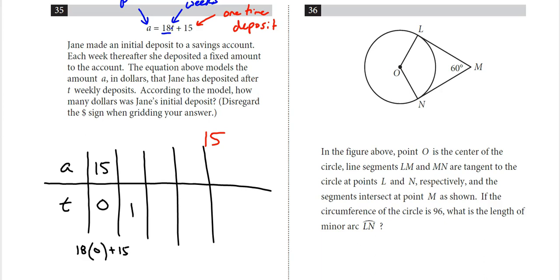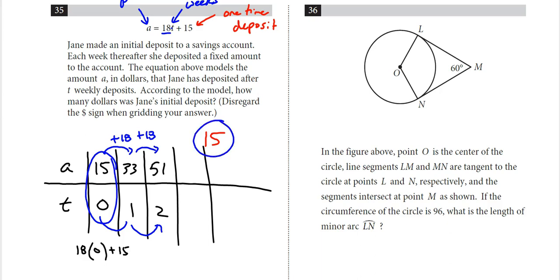Then when you stick a 1 in there, 18 times 1 plus 15, that'd be 33. After 2 weeks, that'd be 36 plus 15, which would be 51. And then you start to see, okay, every single week, we're adding another $18, which is basically the slope or the rate of change. But this is the initial amount at time 0. So final answer, 15.